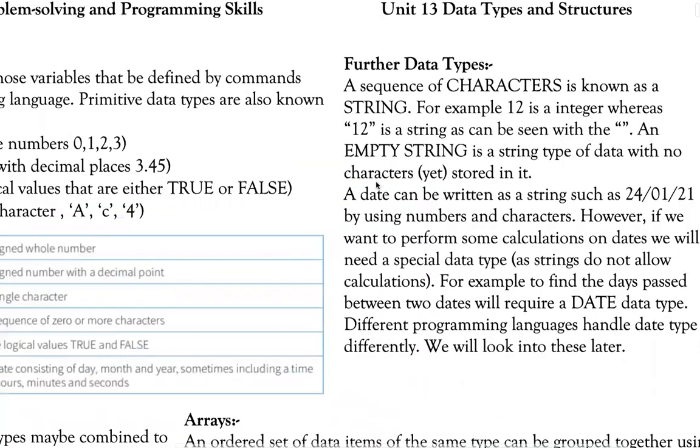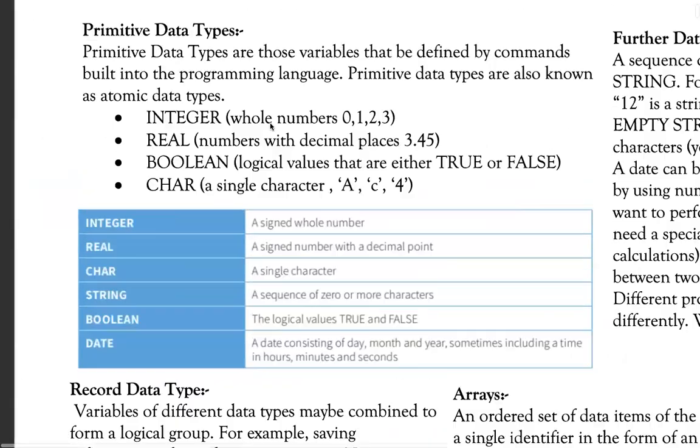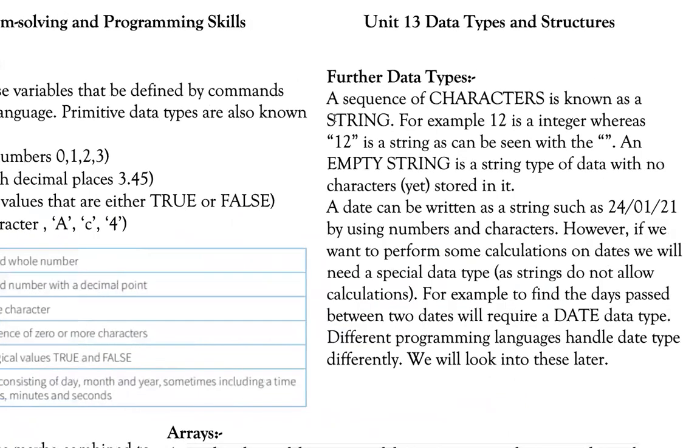Apart from that, we can create further variations in these basic data types, for example, a string. Now, a string is basically a sequence of characters. So if I want to write 12 as an integer, you see I don't write double quotes here. But if I write 1 and 2, as you can see here, these are two characters, and the two characters can be combined to form a string.